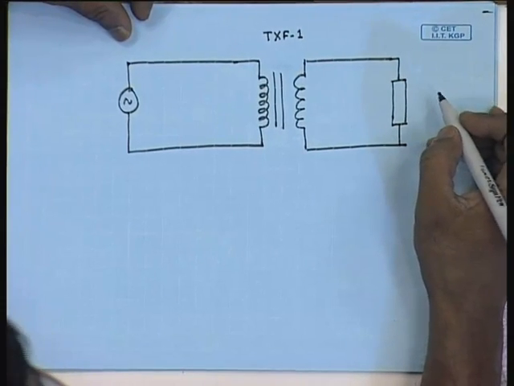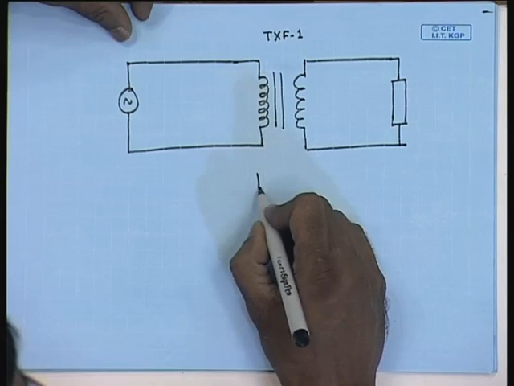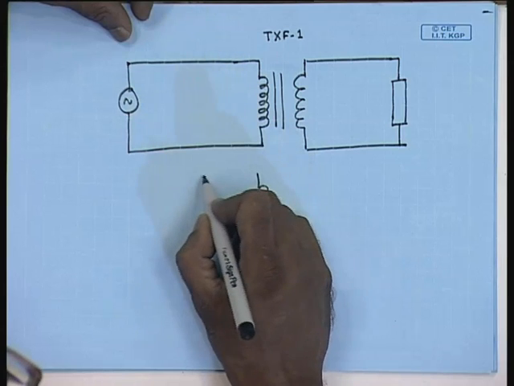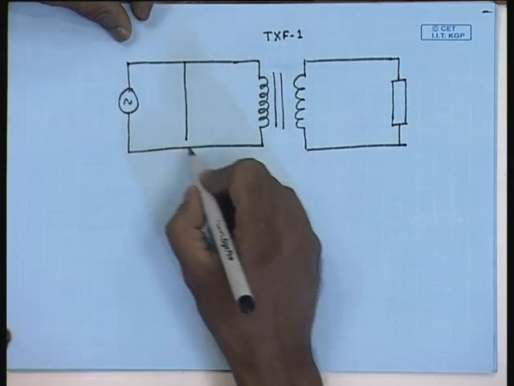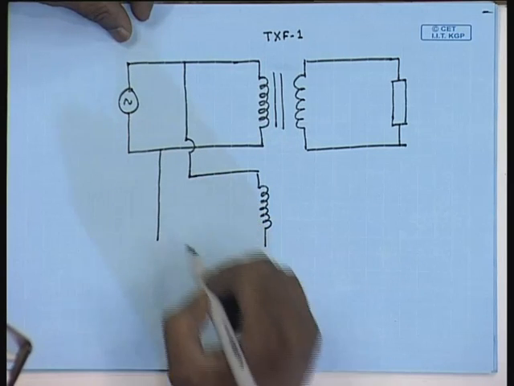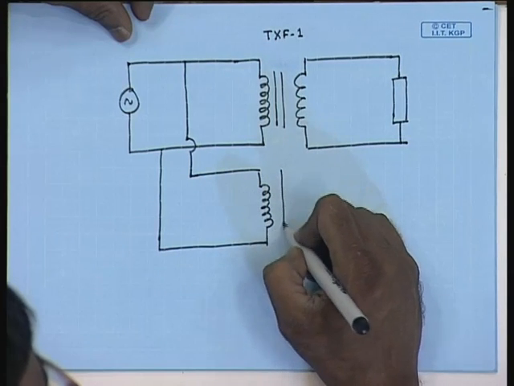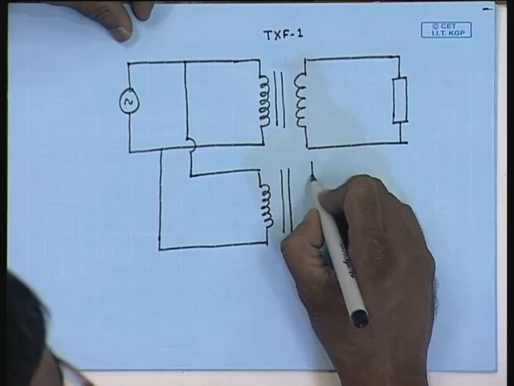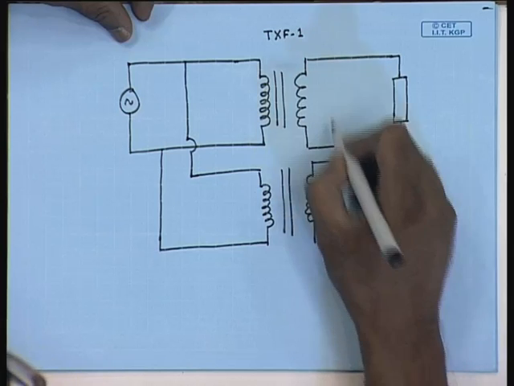If I want to connect another transformer in parallel to this, the primaries of the two transformers will be connected in parallel to the source side. Also the secondary.